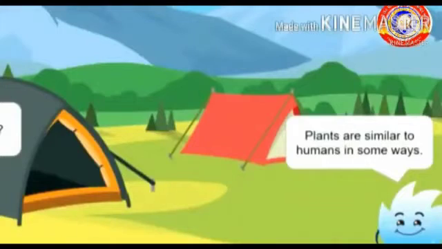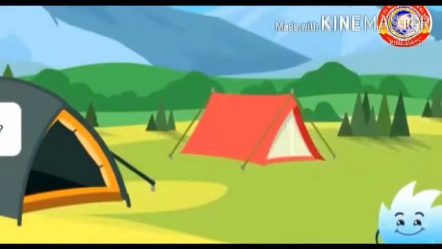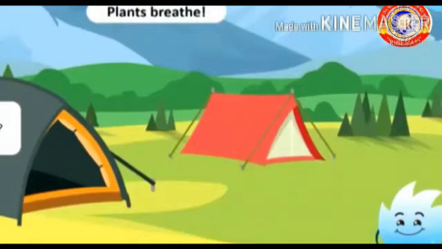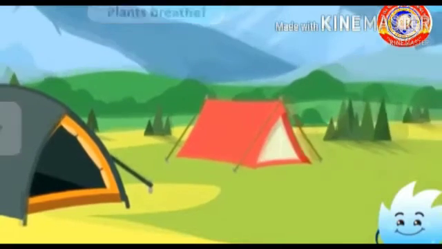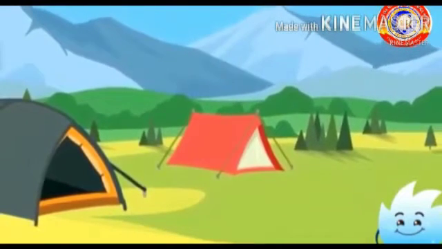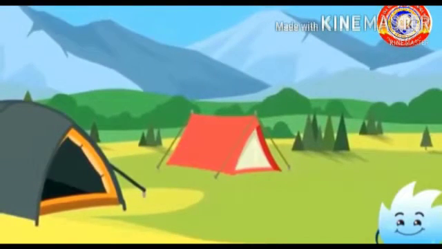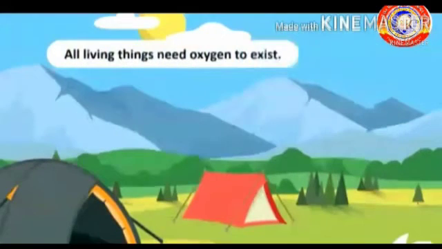Plants are similar to humans in some ways. Children, you would be surprised to know that plants do respire. All living things, including plants, need oxygen to exist. In the previous classes, we have studied that plants release oxygen as a byproduct of photosynthesis.